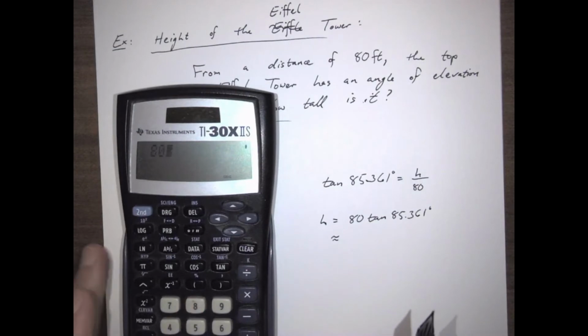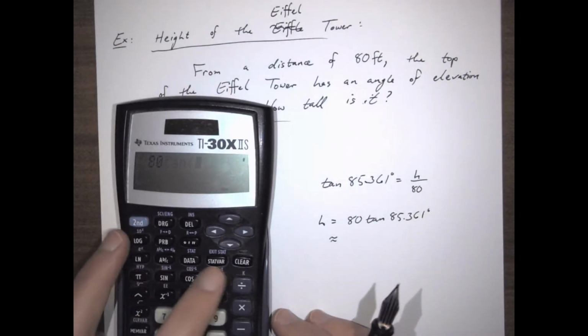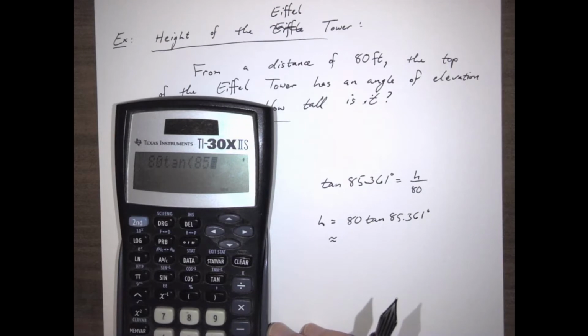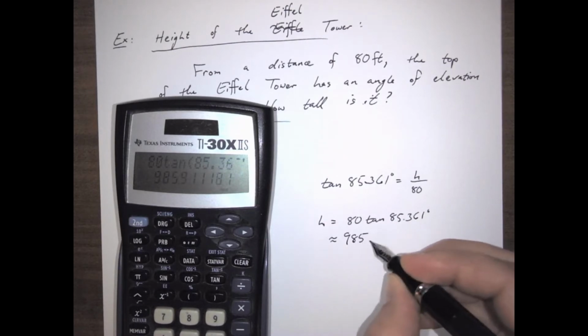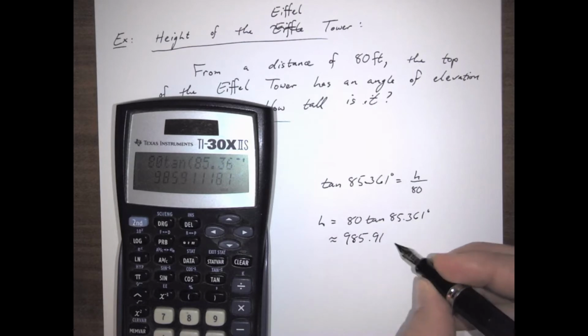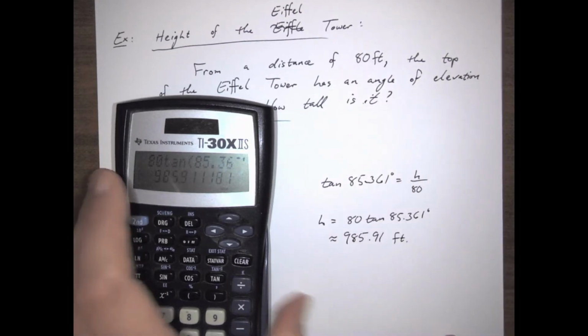So 80 times tangent of 85.361, and that equals 985.91 feet.